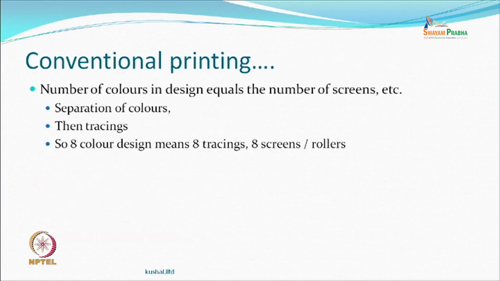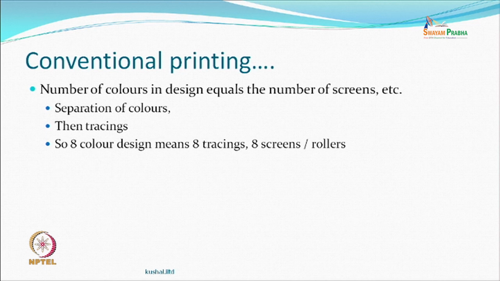Coming to other points like a machine which is, let's say, a flatbed or a rotary screen or a roller printing machine. The important thing is how many screens, how many rollers you are supposed to make. Depending on the design, you first do the separation of colors.